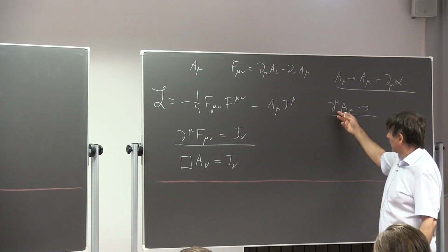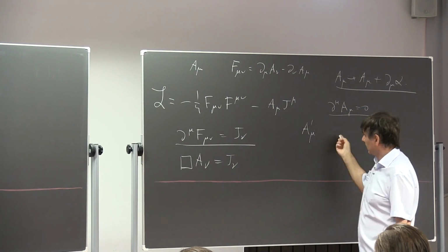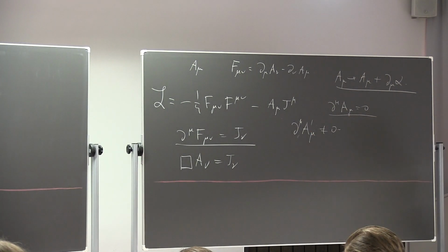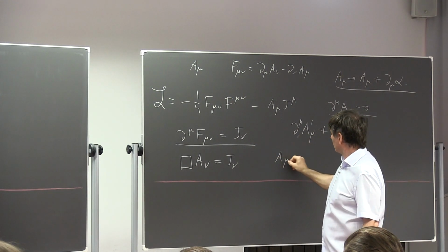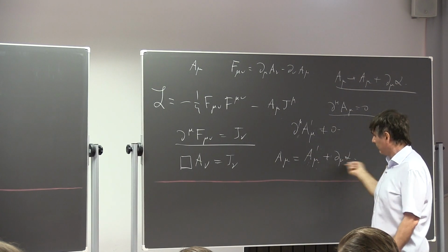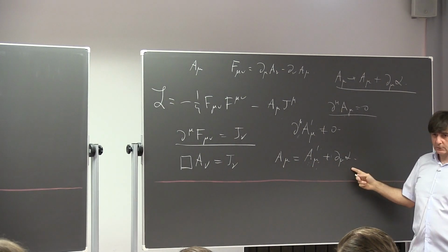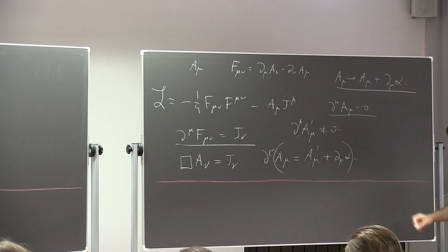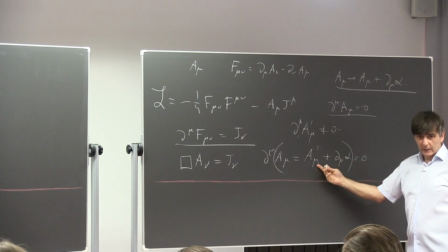Well, I know because, let's say I start with a field for which this is not true. So let's say my starting field has this non-zero. And then I go to a new field, A mu, by shifting the old one by some alpha. And now I impose that the new one satisfies this condition. If I impose this condition on the new one to be 0, this will look like an equation for alpha with a source.